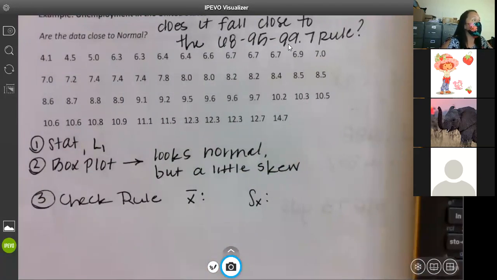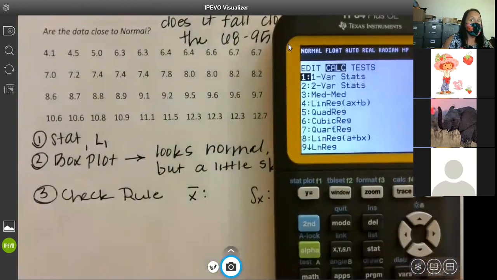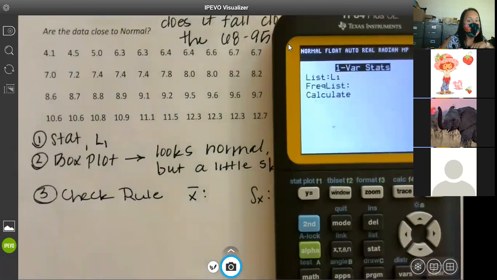We have forgotten a lot, eh? Where does the calculator give us the mean and standard deviation? Stat, over to calc, and 1-Var Stats. L1, that's what we want.